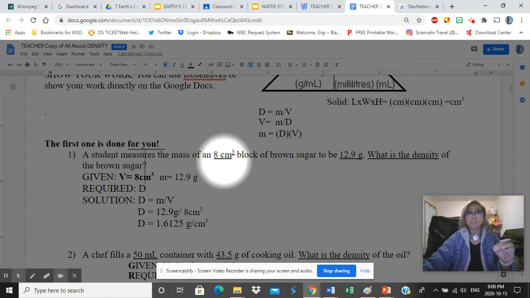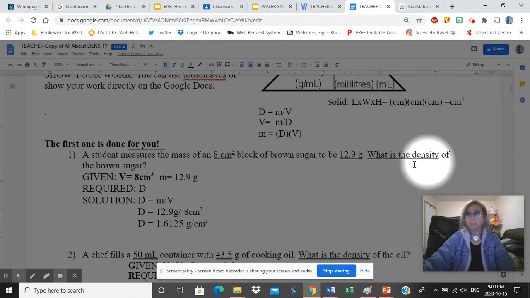Cm cube, that's a unit of, correct, volume. How about 12.9 grams? Grams, that's a unit of mass, right? So you have V and M. And what are you looking for? That would fall under required. What is the density?